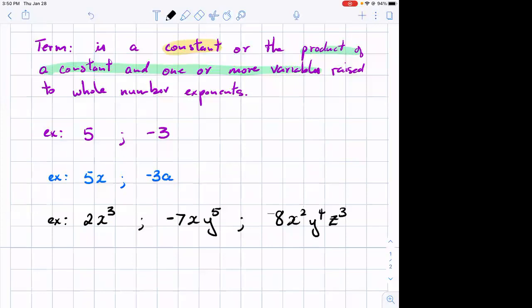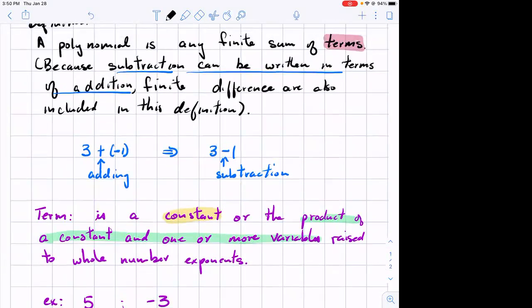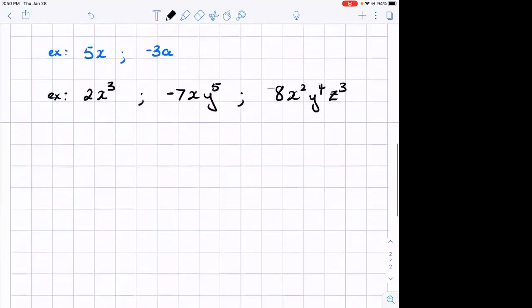Now, if you understand what a term is, then we can go back to the polynomial definition. A polynomial is a finite sum of terms. Okay? So examples of polynomial now, when we look at polynomials, okay, we can have 2x plus 3.